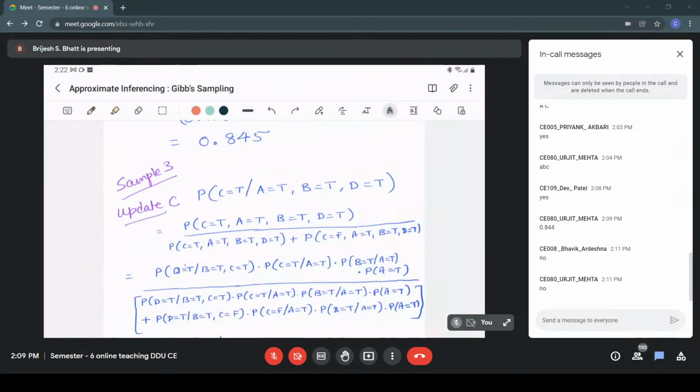Here's step number 3. Look at this formula, calculate the value, and tell me what values you find here.